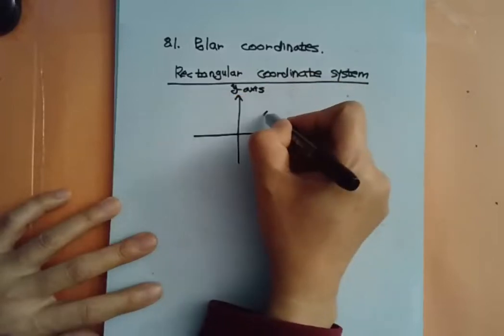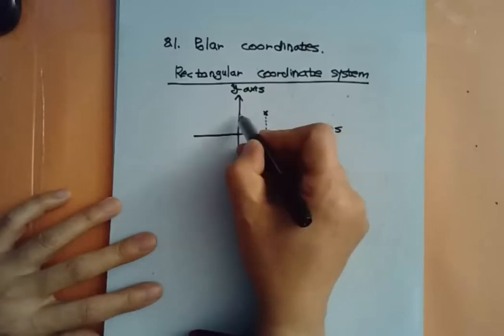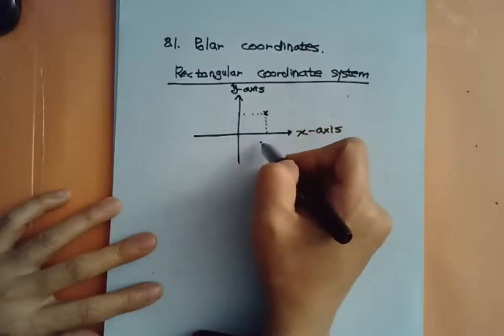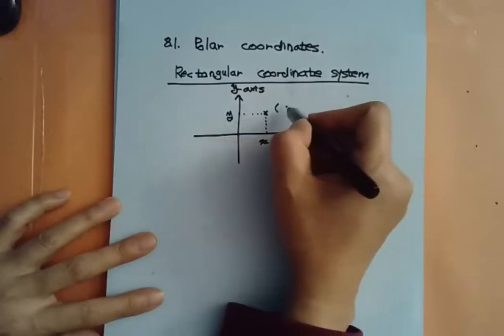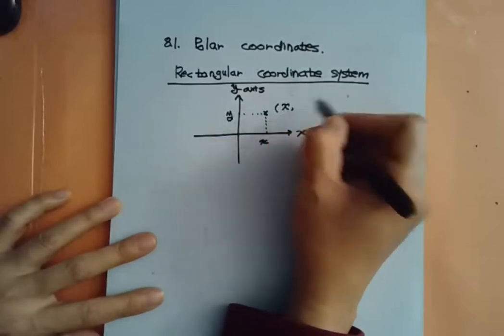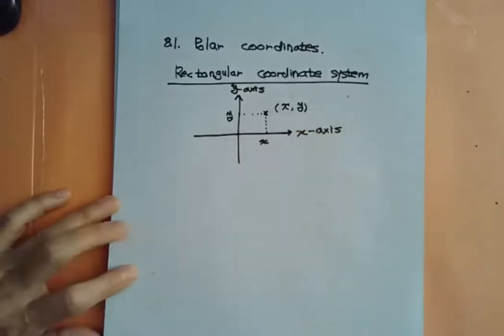When we have a point on the plane, we can identify its x coordinate and y coordinate, and that point's address can be uniquely written as the x value and y value.